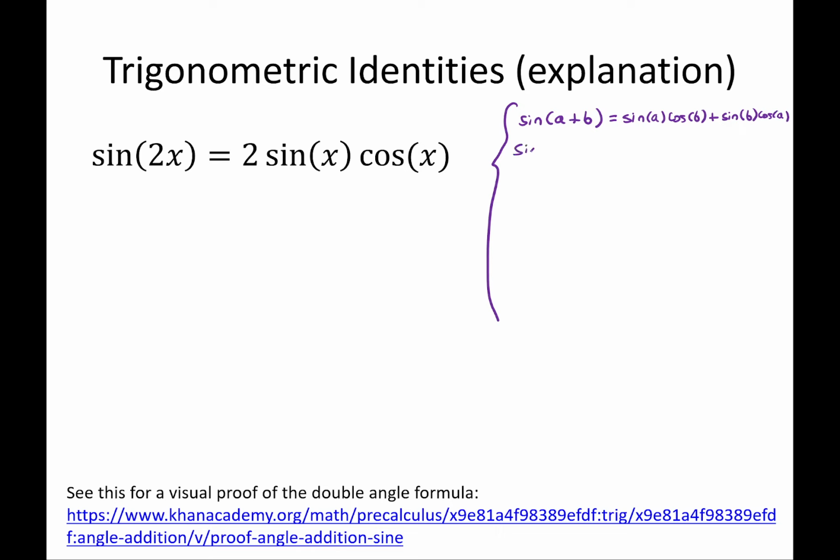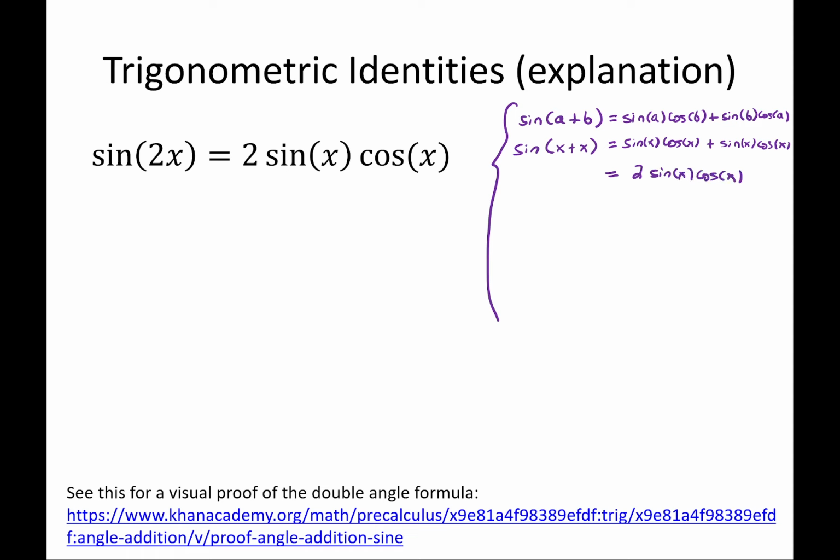Now what if we do a sine of x plus x, replacing the a with x and the b with x? So we're going to have sine x cosine x plus sine x cosine x. They're both the same thing. We have an apple plus another apple, so that's going to be 2 apples. So 2 sine x cosine x. And that's that trig identity.